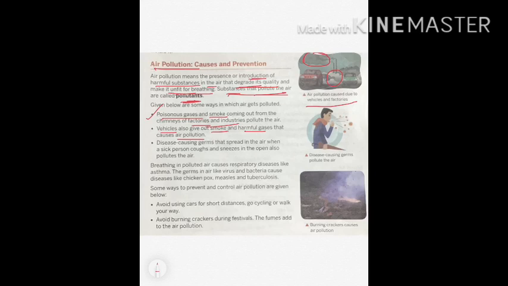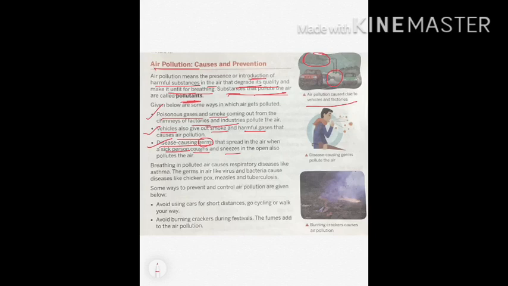Now, disease-causing germs spread in the air when a sick person coughs and sneezes. When a diseased person, the person who is sick, coughs and sneezes, germs enter into the atmosphere, and that also pollutes the air.